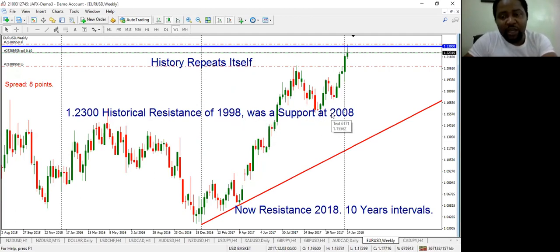In the 2008 economic recession, it was the same level that was a resistance in 1998 that rescued us. So I think at 10-year intervals, it comes back to that level. And at 2018, we found ourselves here. Whatever will happen, we don't predict the market, but we only take what we see.